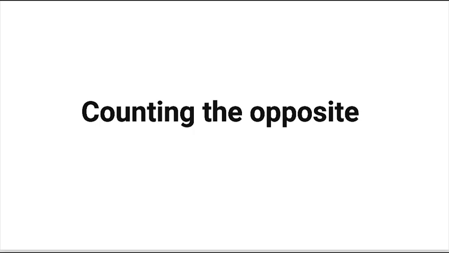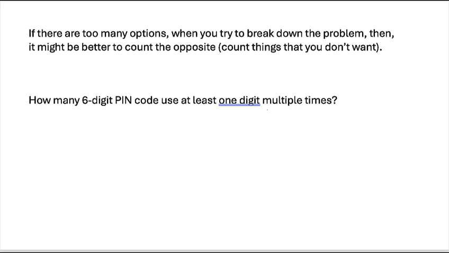Okay, it's a strategy, so it's part of our toolbox, and we are going to use it when things are difficult to calculate, and we actually can think about not considering, or considering, what we don't want, right? So here's an example, okay? So again, if there are too many options, you're trying to calculate and break down the problem, it might be better to count the opposite, like count things that you don't want.